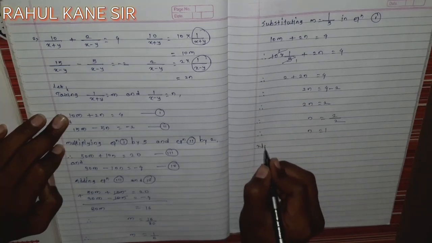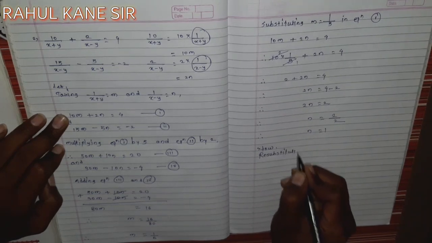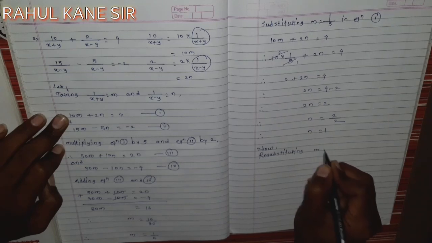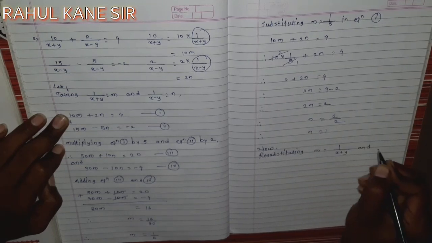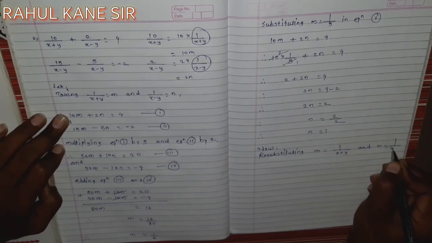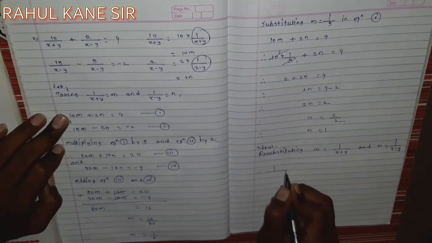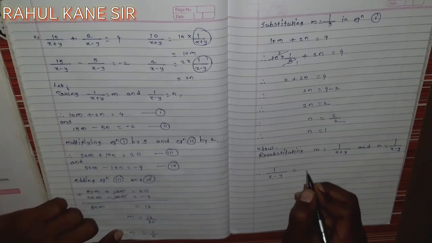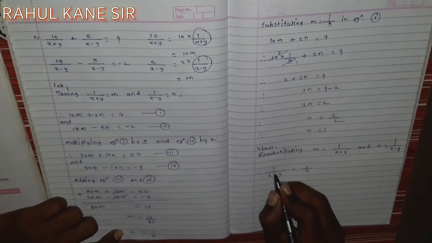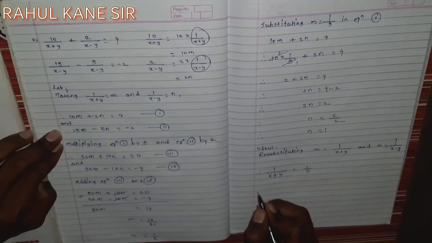Now resubstituting, m equals 1 upon x plus y and n equals 1 upon x minus y. Therefore the value of m is 1 upon 5, so 1 upon x plus y equals 1 upon 5.